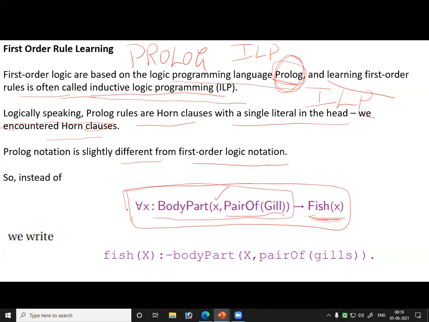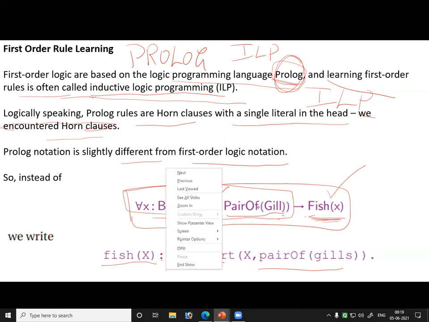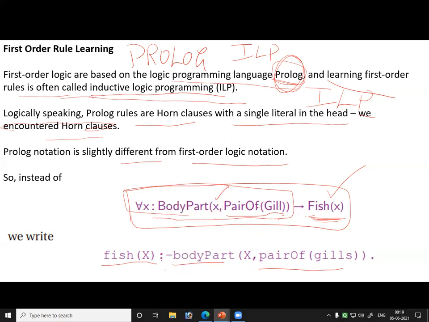For all x, whichever x has a pair of gills is called a fish. But in Prolog, we write this as fish of x is defined as body part of x comma pair of gill.